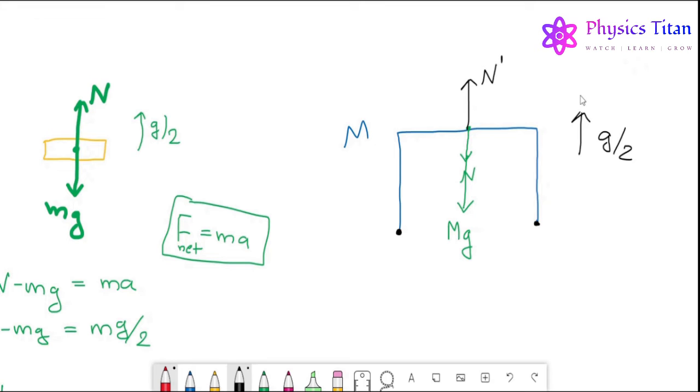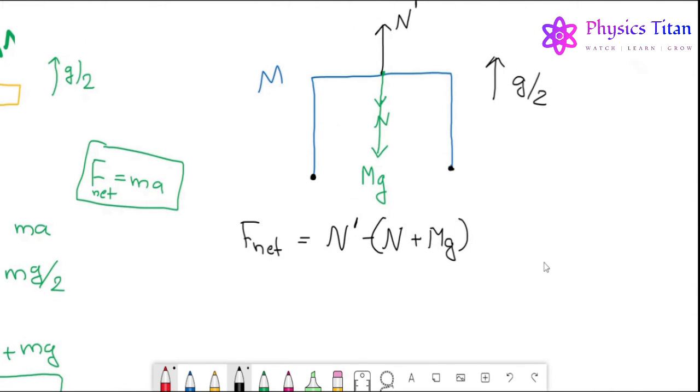So the net force on the table, F net, since the direction is upward, means that N dash must be greater than the sum of these two. So F net will be equal to N dash minus N plus Mg. Okay, this is the net force, and this must be equal to the mass times acceleration of the table.